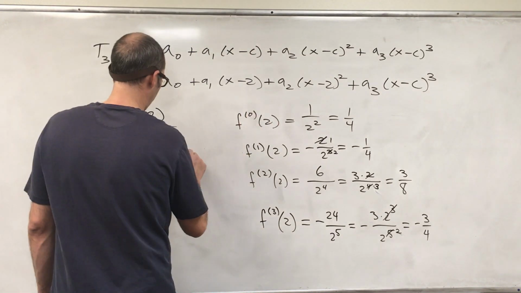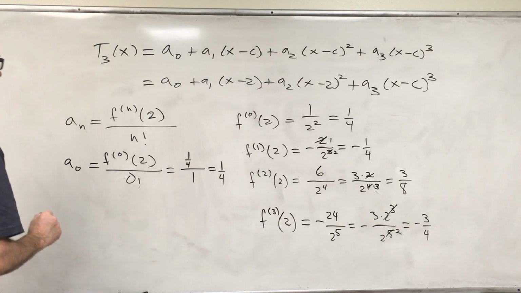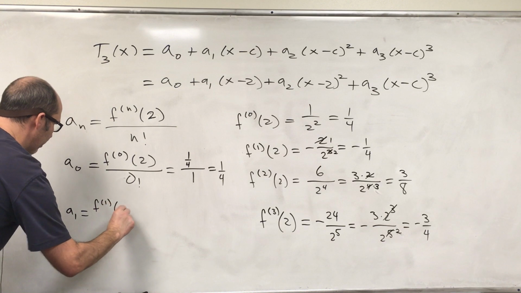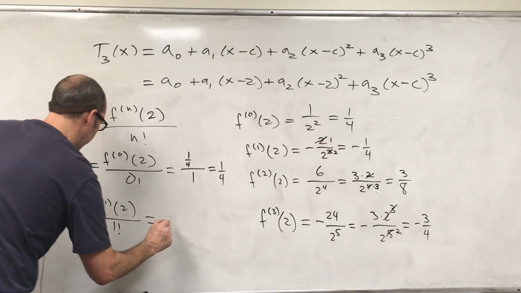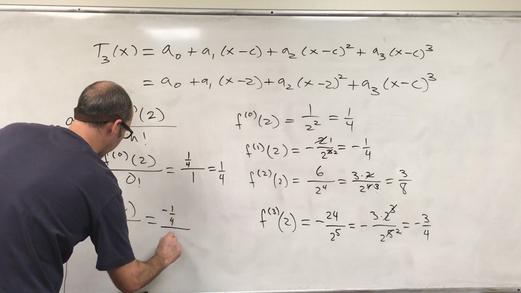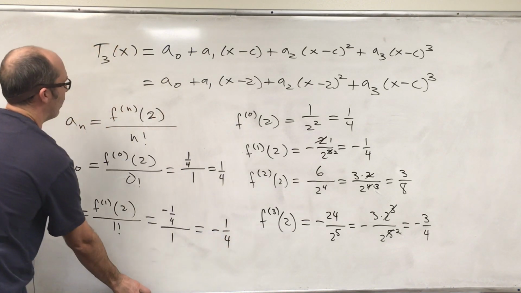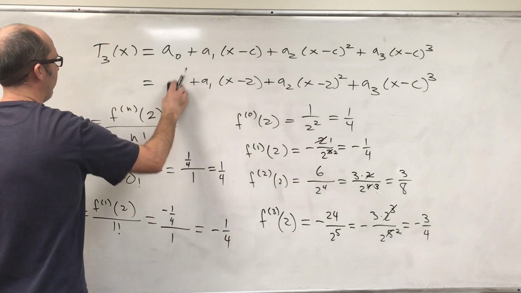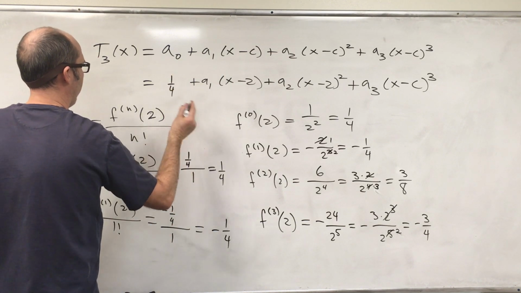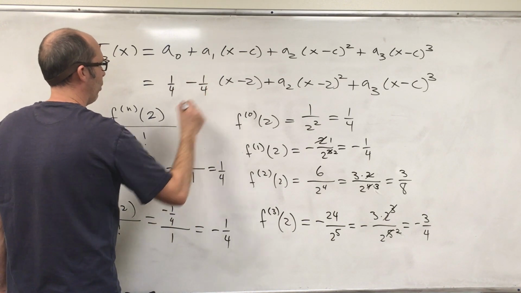We found that to be 1/4, so we have 1/4. a1 is f1 of 2 over 1 factorial. f1 of 2 we found to be negative 1/4, over 1. 1 factorial is 1, so we have negative 1/4. All right, so we can put that stuff in now. a0 was 1/4. a1, negative 1/4.